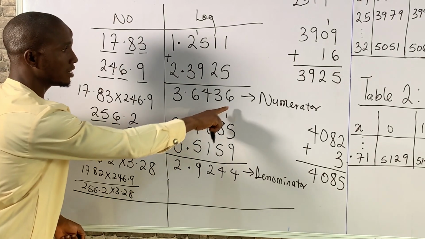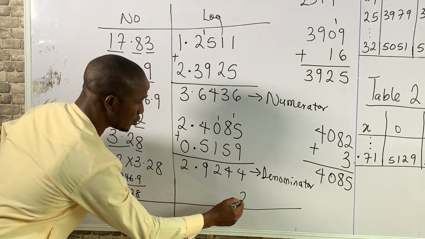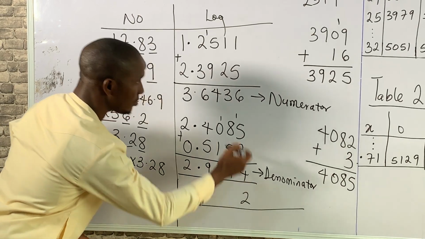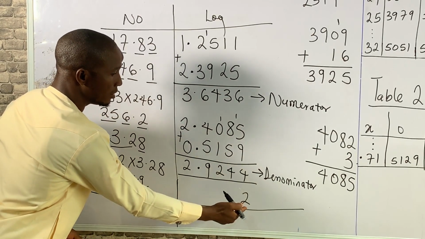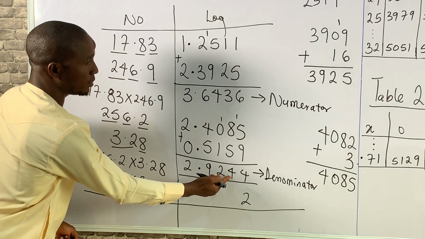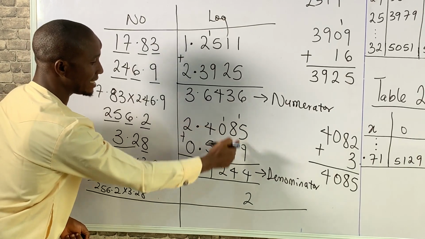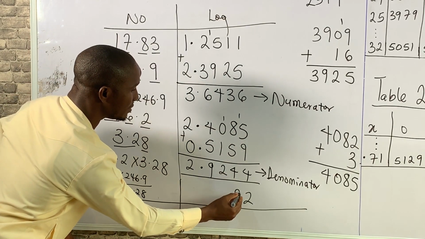So let's subtract. 6 minus 4, we have it to be what? 2. 6 minus 4, 2. 3 minus 4 is not possible. So you borrow 1 from 4, add it to 3, that makes it 13. 13 minus 4, you have 9.